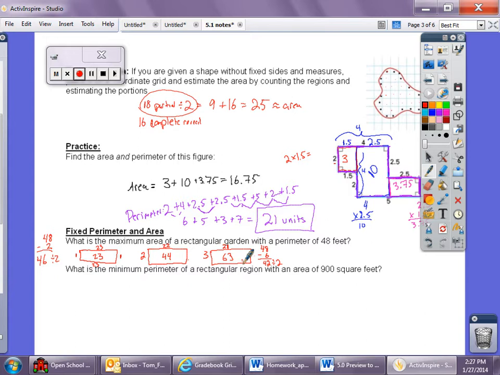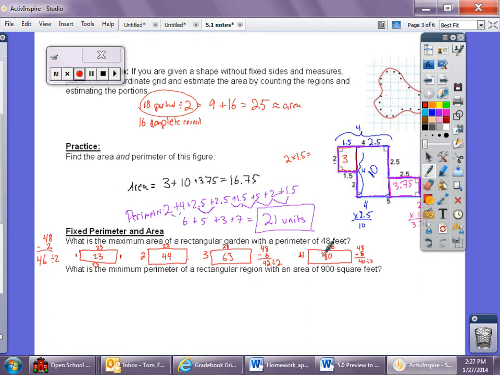Well, now if you're noticing, what's happening to the area as one side's increasing and the other side is decreasing? If we look at this, 48 minus 8 is 40, divided by 2. That'll give us 20. 4 times 20 is 80.